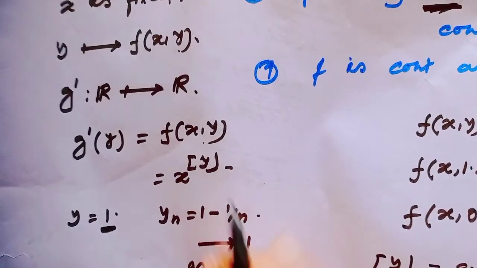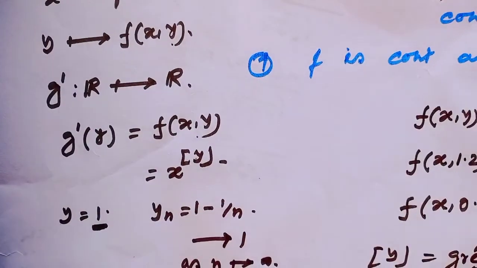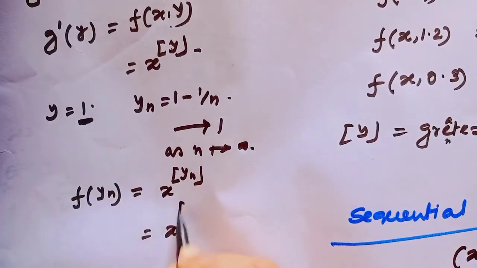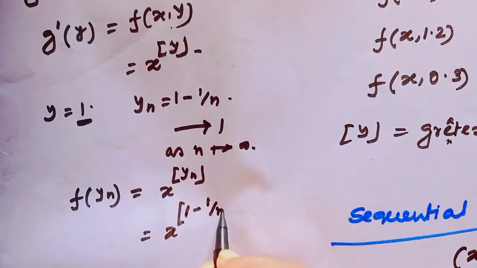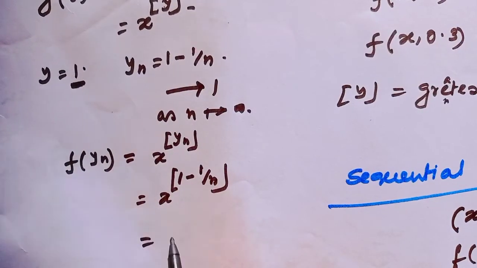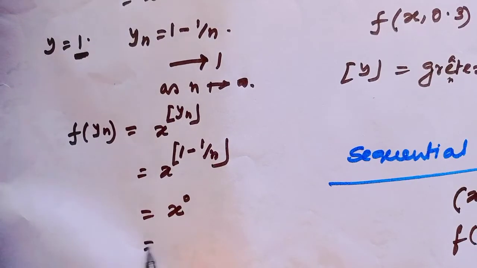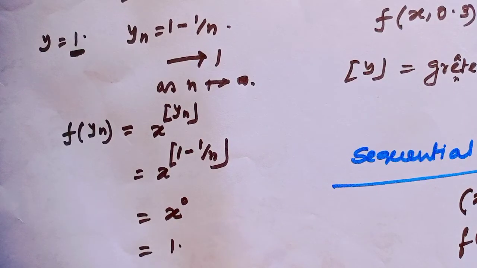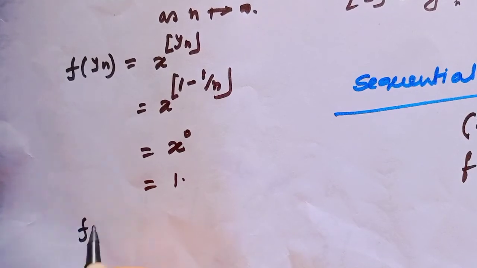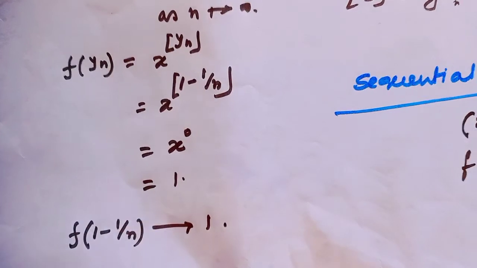This is x to the power box of yn, that means x to the power box of 1 minus 1 over n. By previously, this is equal to x to the power 0, which is equal to 1. That means f of 1 minus 1 over n converges to 1.